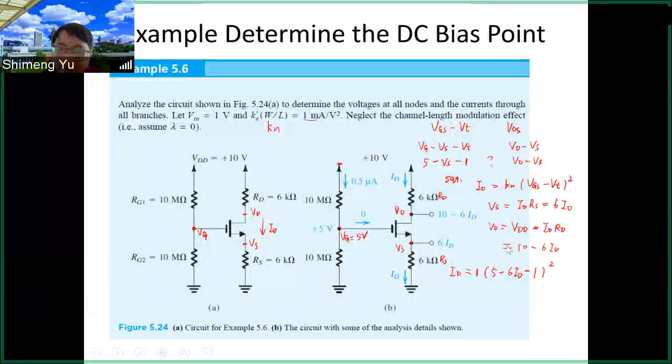So you have this equation, and you can rearrange the terms because this is a second order equation. The only unknown is ID, so you need to solve for ID.